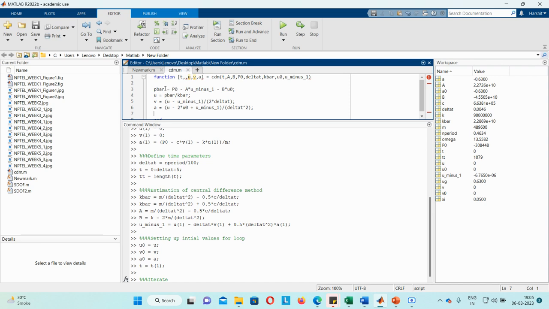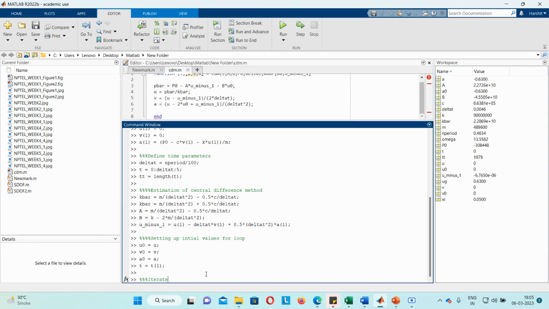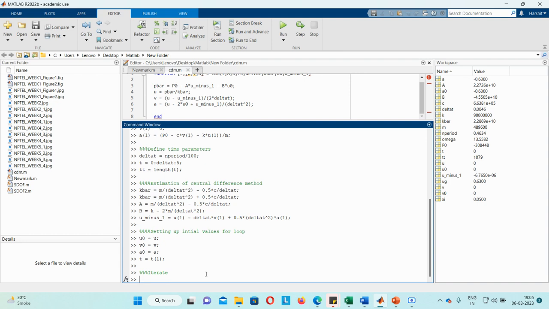So okay, we have saved this function, and now we can call this function here. So we can call the function for i is equal to 1 to tt minus 1.